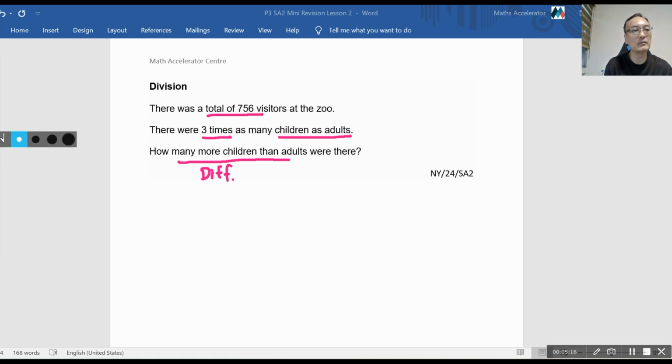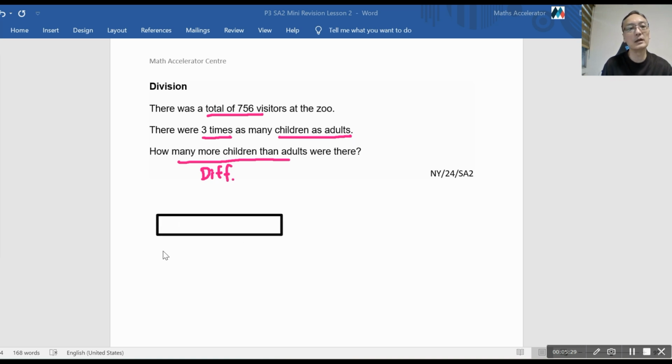After reading the question, we will organize the information in the form of a model to help us understand the question better. So we know that the number of children is 3 times the adults. So we will draw 3 units for the children and 1 unit for the adult.